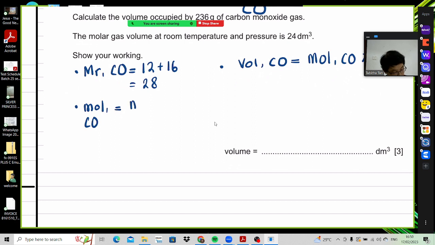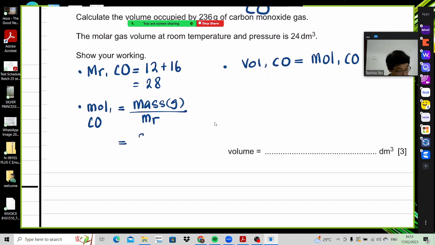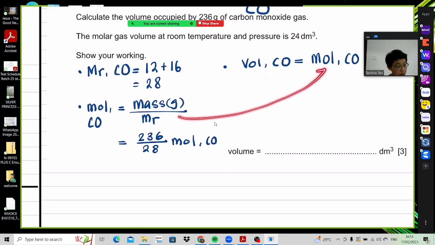Using this information, let's find the number of moles in this carbon monoxide. Revise for all of us again the formula: mass in gram divided by the Mr. So in this case, it is the mass 236 gram divided by 28. So this is the mole of carbon monoxide. Now what we do, we just take this and substitute that in that place.